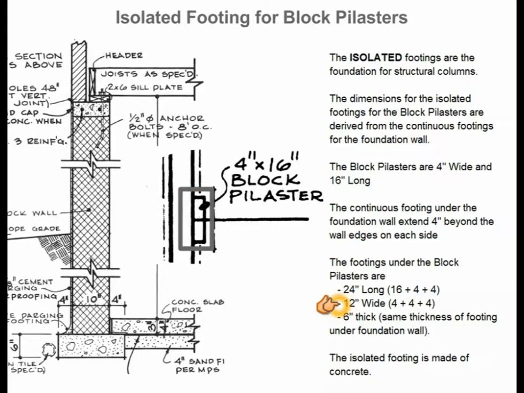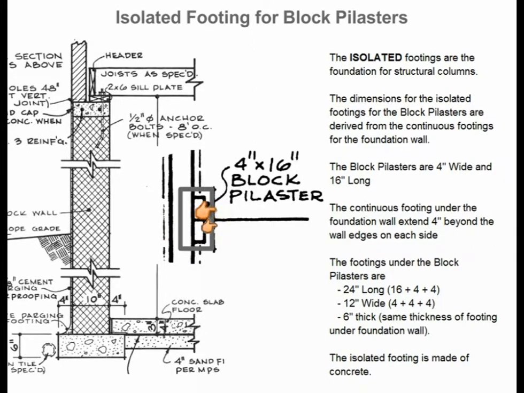The isolated footing for the block pilaster will be 12 inches wide. Since the pilaster is 4 inches wide, we will add 4 inches from this point in this direction. That gives us 4 plus 4, which is 8. Then we will add an additional 4 inches from this point to here.